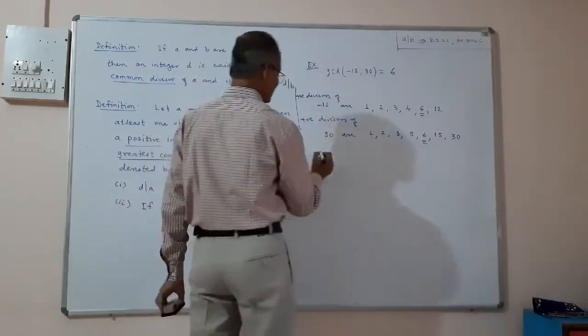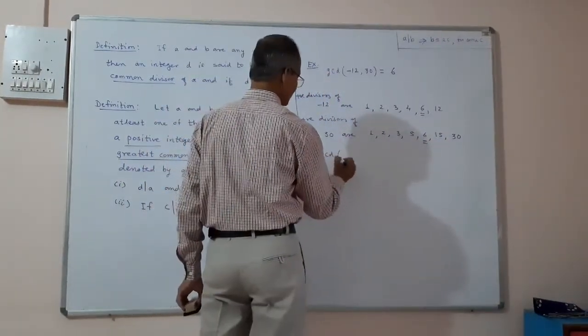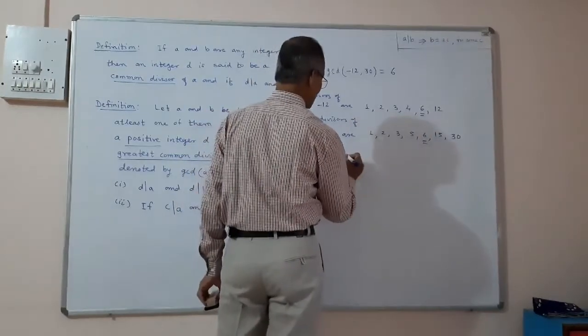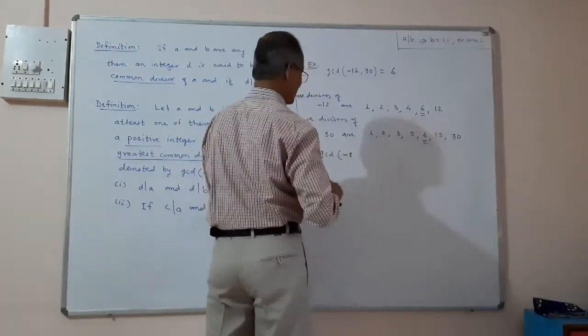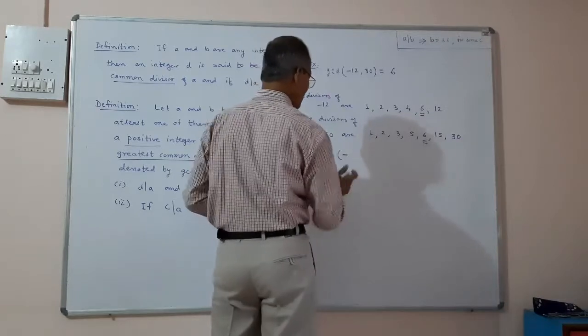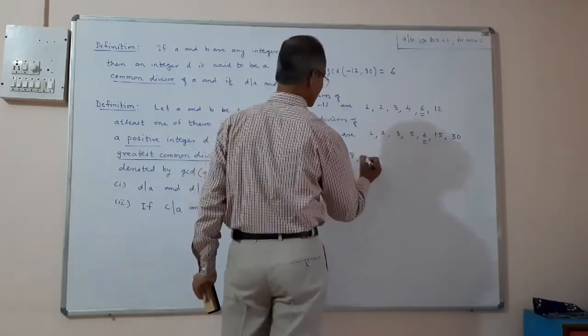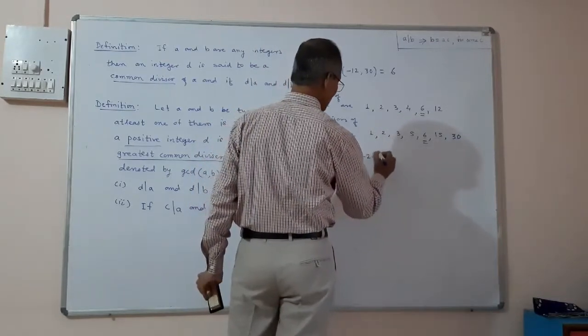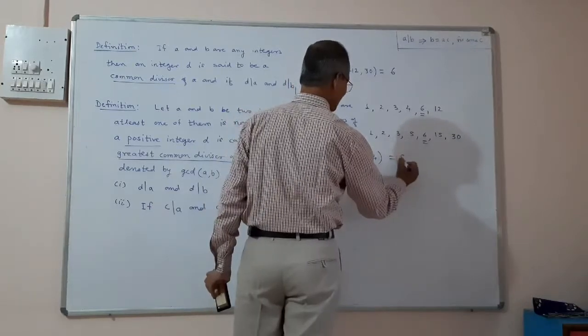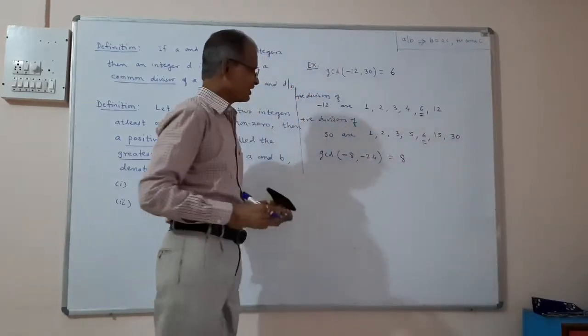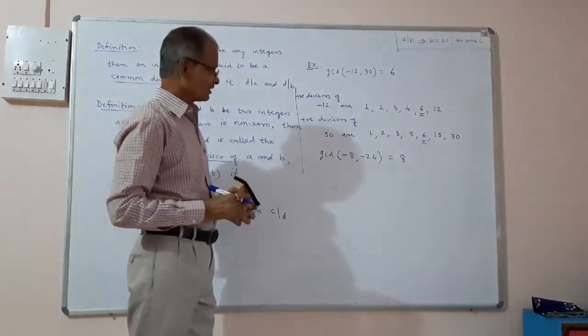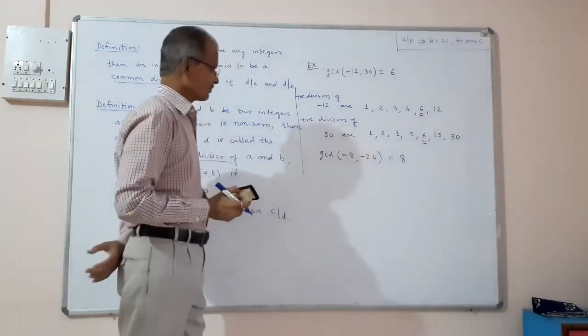Now if you consider GCD of, say, minus 8 and minus 24, any number can be considered. Obviously it is 8 because 8 divides 24, and therefore the greatest common divisor is 8.